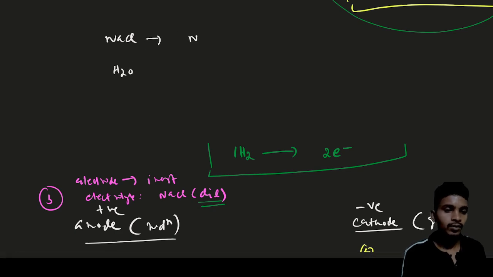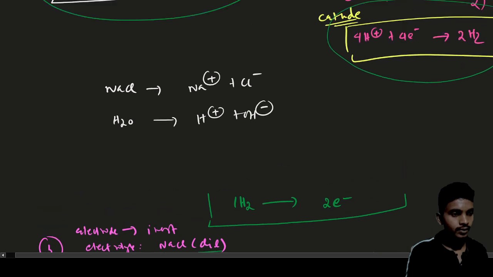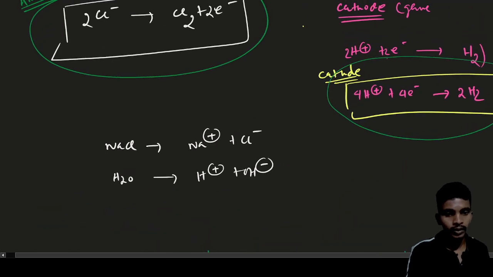So this NaCl is going to give Na+ and Cl-, and this water gives H+ and OH-. And in that reaction, in the anode we are getting Cl and in the cathode we are getting H.